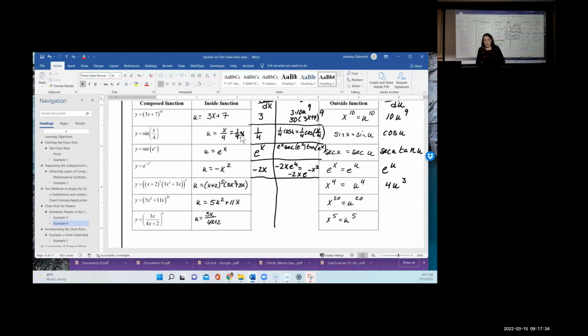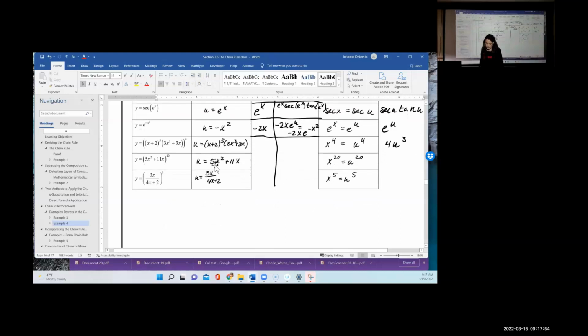I need the product rule, and I will need the chain rule again, because inside of this x plus 2 to the 5th, I've got the composition of two functions again, x plus 2 on the inside and the 5th power on the outside. So let's go down to the space below and we'll work on this one down here.